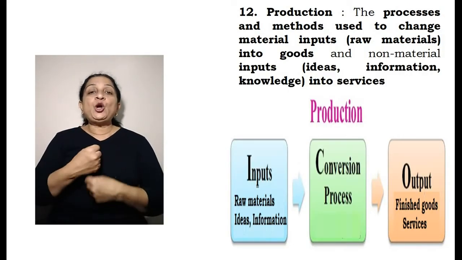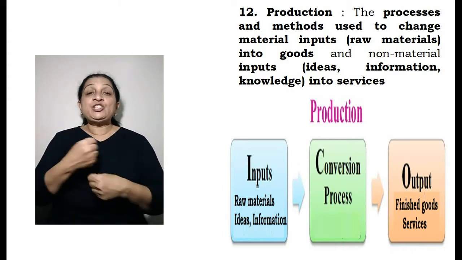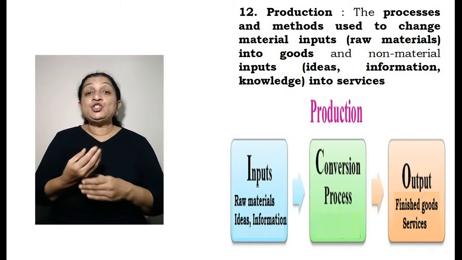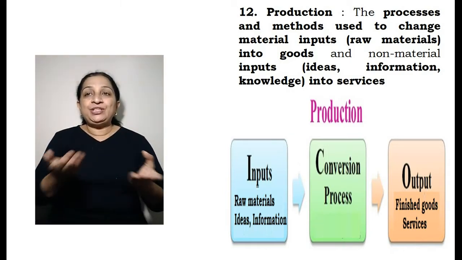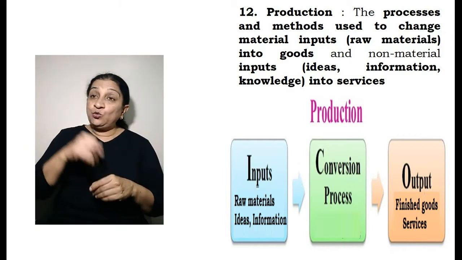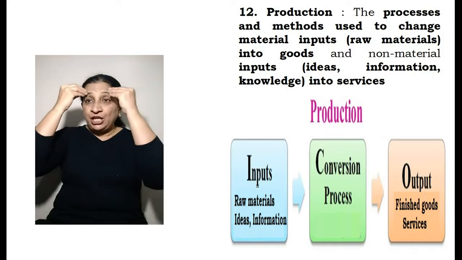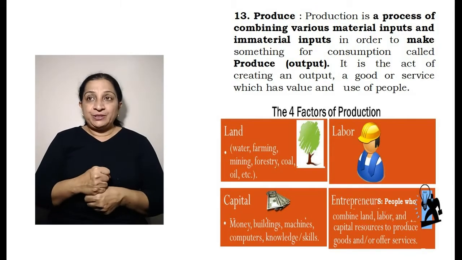12. Production. That is a process of making the input or the resources, the basic raw materials, and changing them into things. That also includes ideas for service or knowledge, information. Produce.